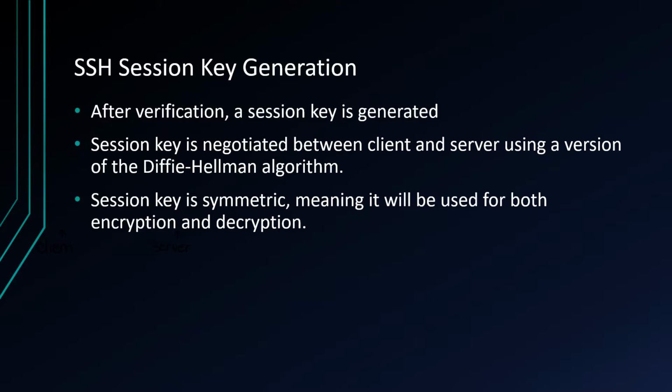Now, the Diffie-Hellman key exchange is basically a secure method of exchanging cryptographic keys over public channels, and it's one of the earliest examples of public key exchange used in cryptography.